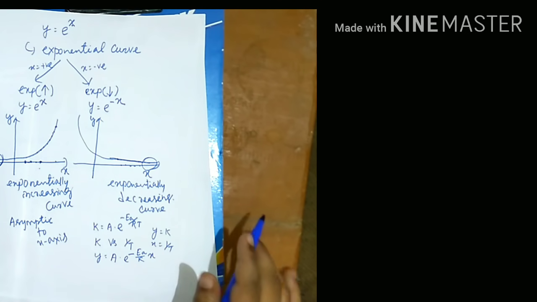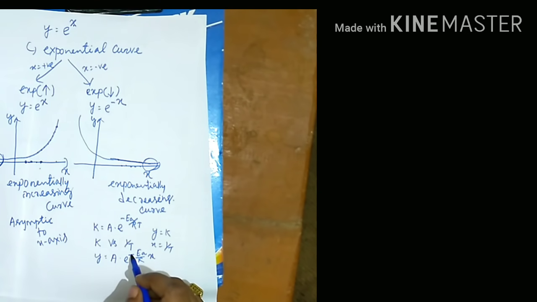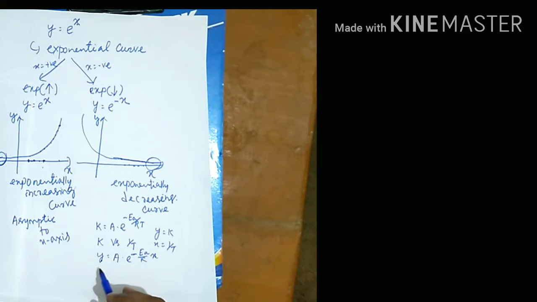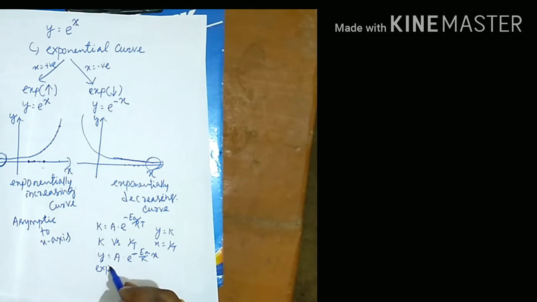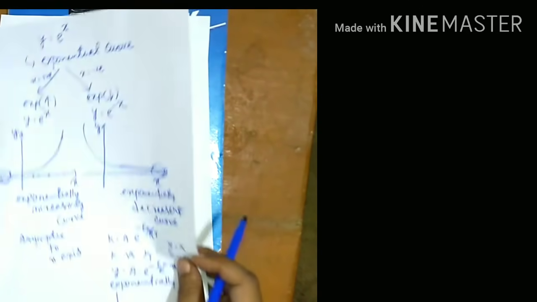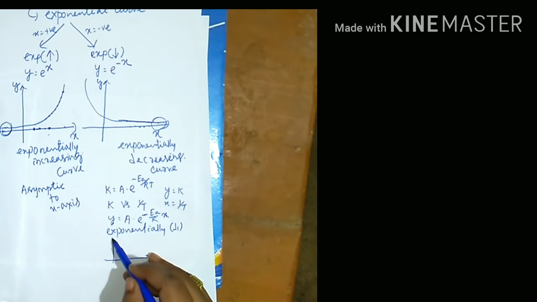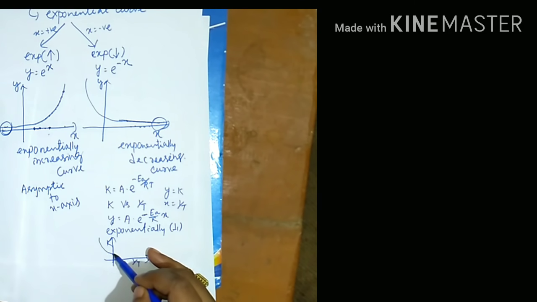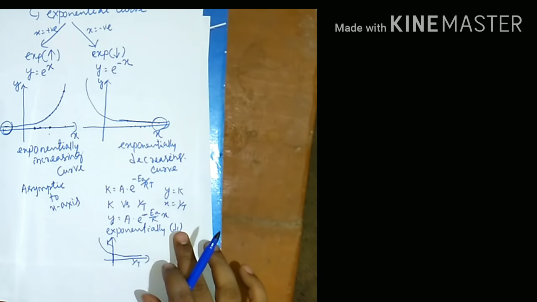Here, as the value of x increases, because of the negative sign, the value of y decreases. So the answer will be exponentially decreasing curve. It will be drawn like this. Here k is taken, here 1 by t is taken, curve is like this. Got it? This is exponentially decreasing curve.